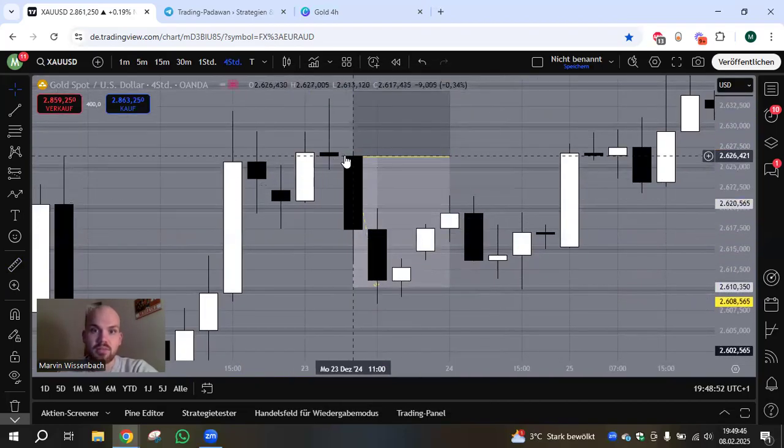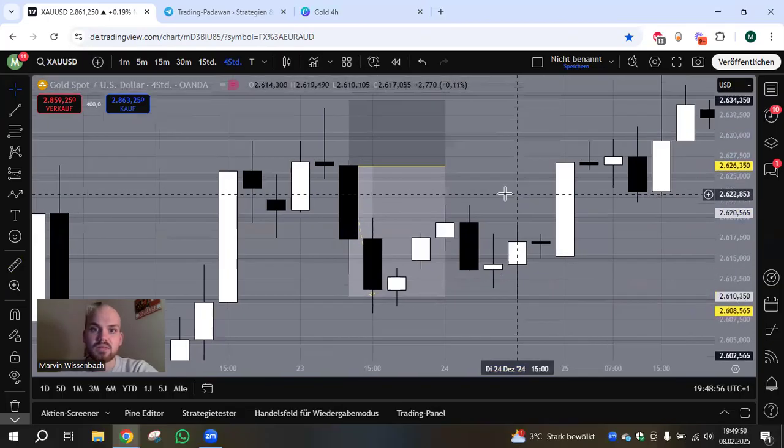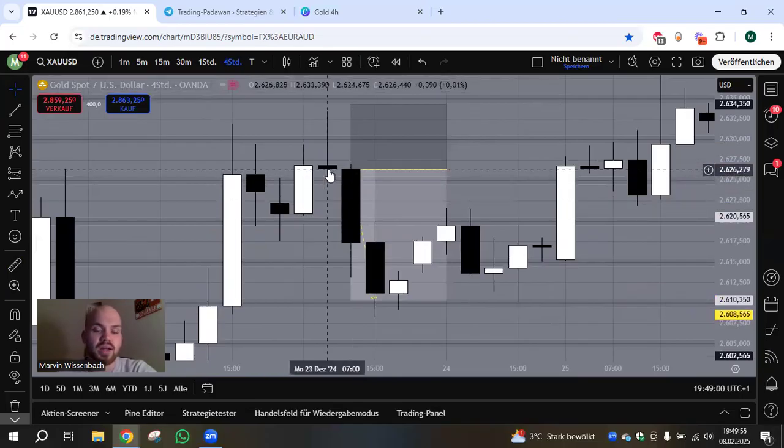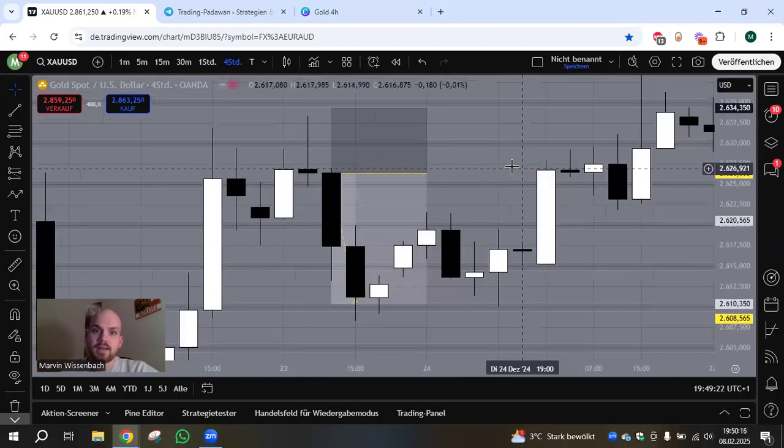You can see the market moved up just a little bit and then moved down immediately. That's why we don't wait for a correction to the 61.8% Fibonacci level, because this shooting star tells us that the selling pressure, or in the bullish example the buying pressure, is so high that we can enter the trade immediately. And that is the strategy.